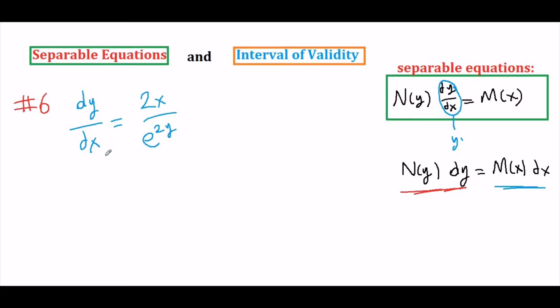Our next problem is dy over dx equals 2x over e to the 2y. After we observe, we see that we need to cross multiply. So e to the 2y times dy equals 2x dx. Now we can integrate.